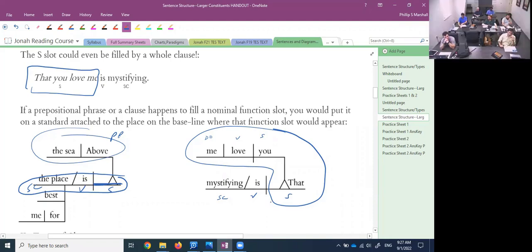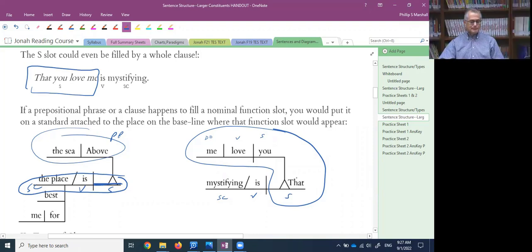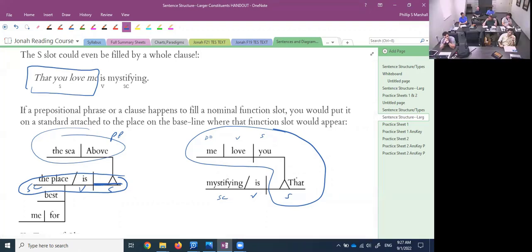Dr. Marshall? Yeah. This is Nate in Jacksonville. Just a quick question, going back to the "above the sea" example. I normally would think to put the "for me" part under the verb. Why would you choose to do it under the subject complement versus under the verb?